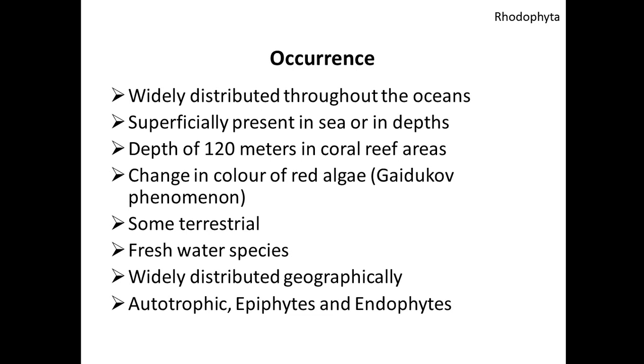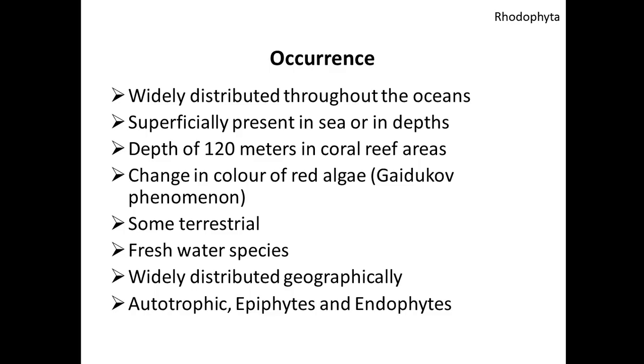So in deeper waters, the red algae is going to be red. In shallow water, the red algae is going to appear green, because of more chlorophyll. Why is it green? When it is in shallower water, it is going to absorb the red wavelength, which is absorbed by the green pigments, that is chlorophyll. So the color of the red alga changes depending upon the depth in water.